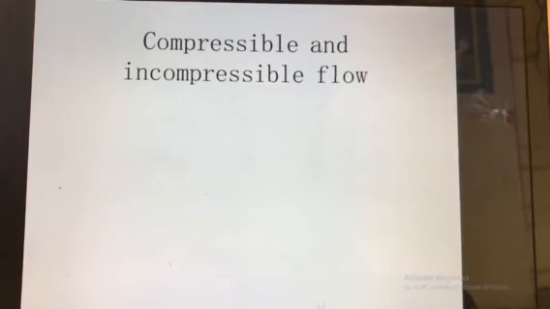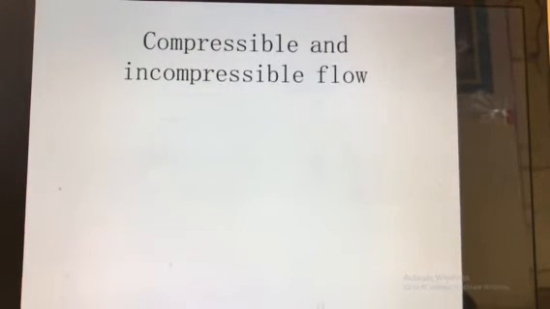The density of that fluid particle is changing from point to point, or in other words, density is not constant. So for compressible flow, the density of the fluid is changing from point to point, or we can say that density is not constant for the flow. Such type of flow is called compressible flow.